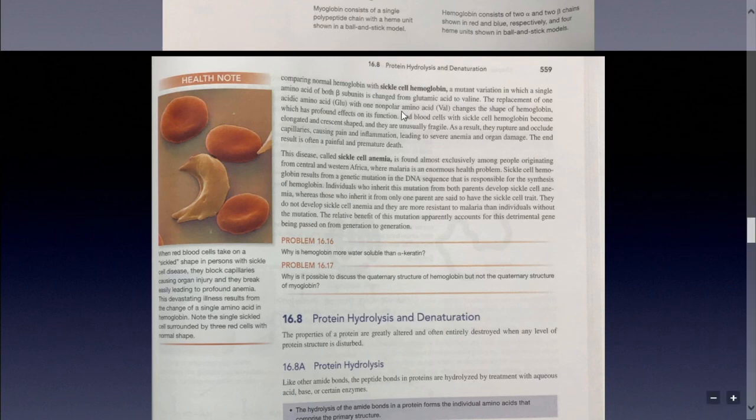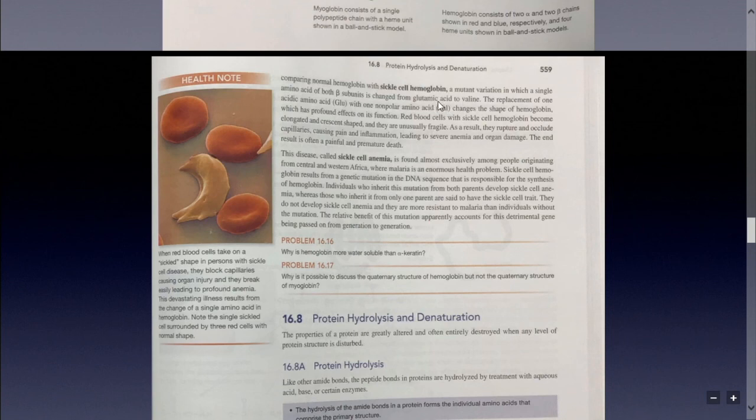Well, if you change the nucleotides so that the codons code for valine instead of glutamic acid, then just that small change will mean that one of the four polypeptides that make up the hemoglobin will be funny shaped.